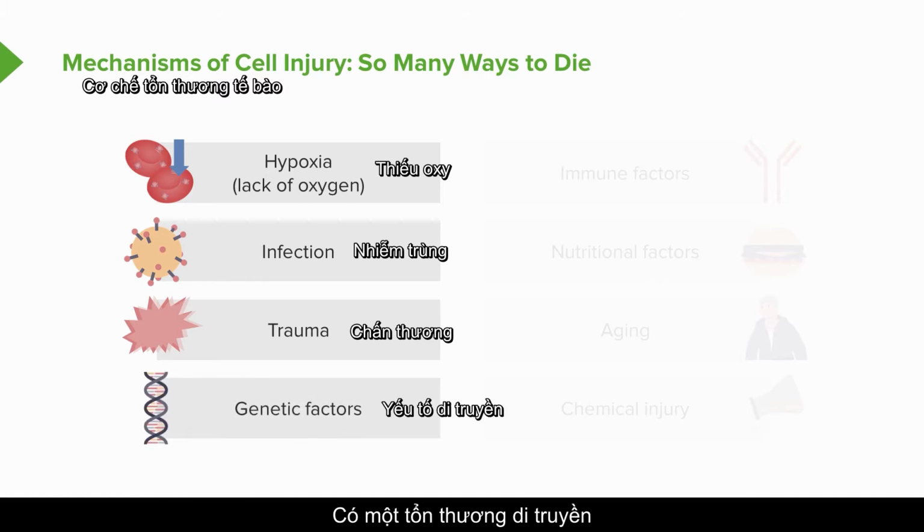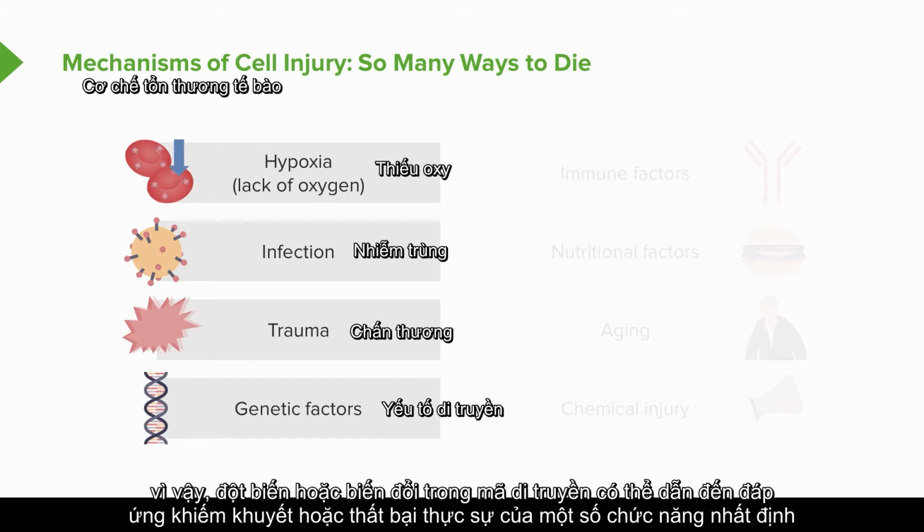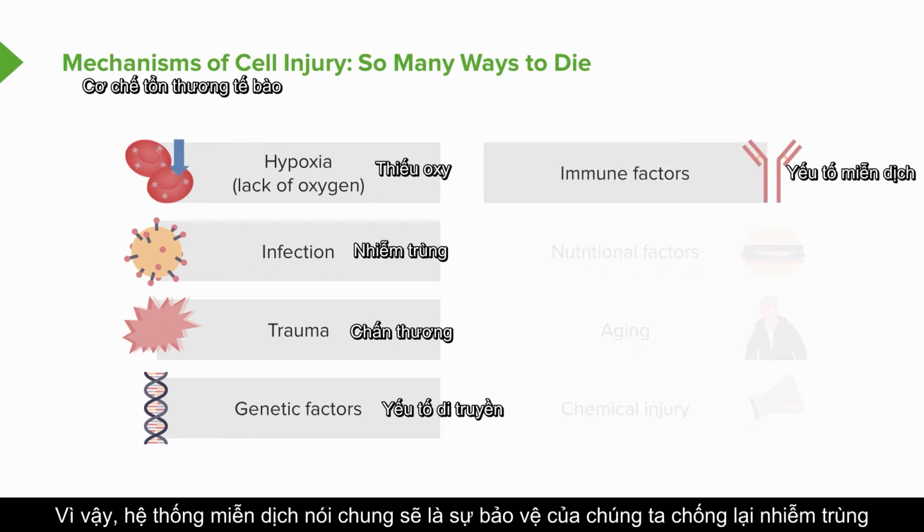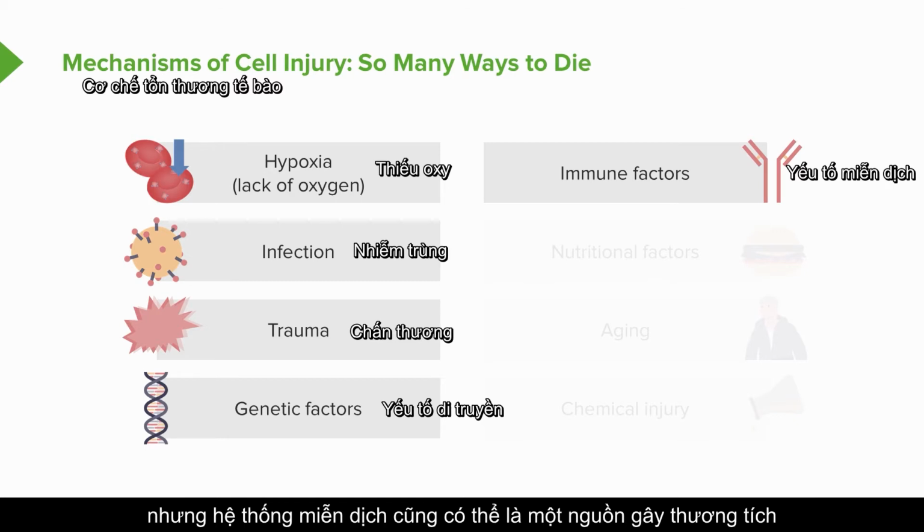There's genetic injury. So mutations or variations in the genetic code can lead to defective responses or to actual failure of certain functions. The immune system. So the immune system in general is going to be our protection against infection, but the immune system can also be a source of injury.